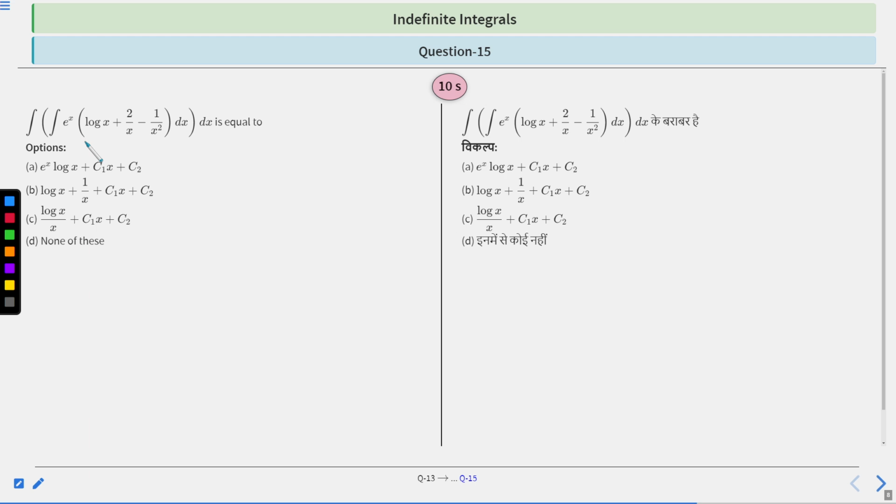Then the integration of that will be e to the power x fx, right? After that, the term you get will come in an integrable form, where we may have to apply integration by parts or something else.